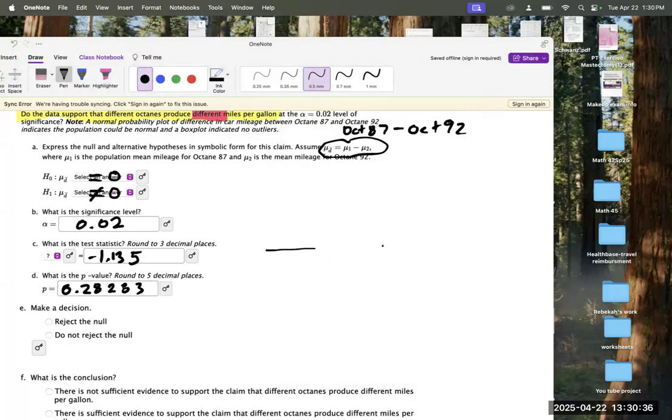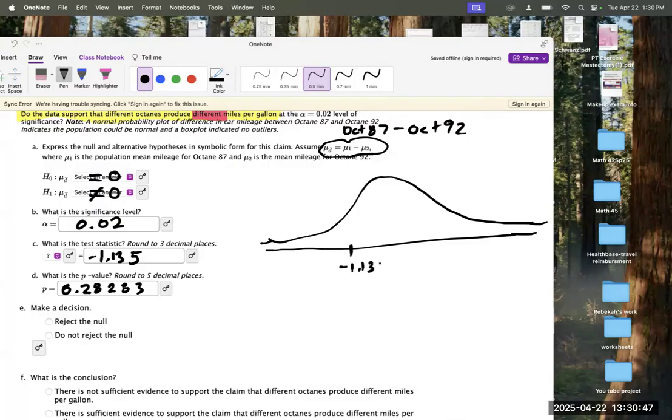So just so we can be clear, let me show you again. The negative 1.135 is a value along the x-axis here, and this is a t distribution, so it's 0 in the center, and then if I go 1.1 in the other direction, because it's a two-tailed test, we have to do that.